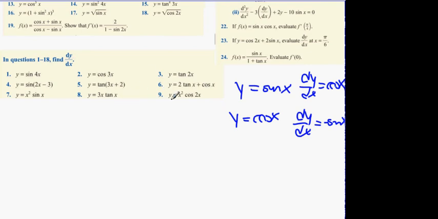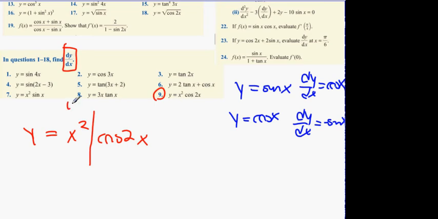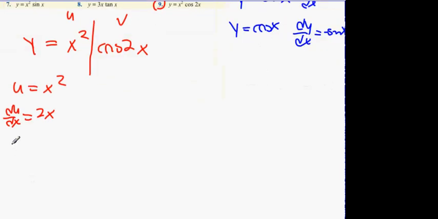Now, look at question 9. Y equals x squared cos 2x. I realise there's two elements to this question. It tells me it's a differentiation question. U equals x squared, phi equals cos 2x. U equals x squared, du dx equals 2x. Phi equals cos 2x.